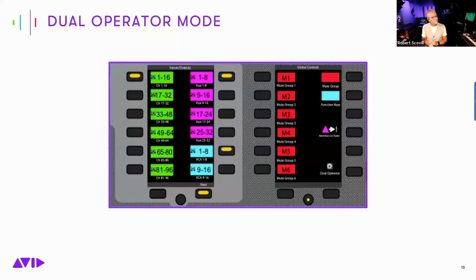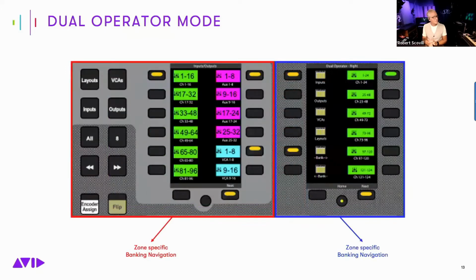This is how it comes up once you're in dual operator, which looks normal with the exception of this one new switch down here, which is the dual operator switch. Once we switch into dual operator, it's going to change that right-hand TFT screen to a slightly different view. So here's your left-hand view and your right-hand view, and you'll notice it's a different set of switches laid out the same, but it's functionally the same as that left-hand TFT.